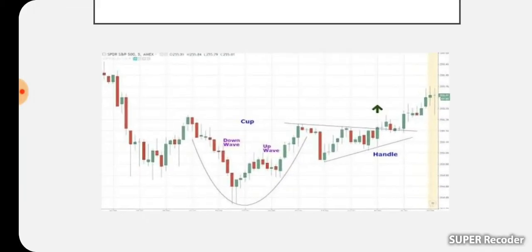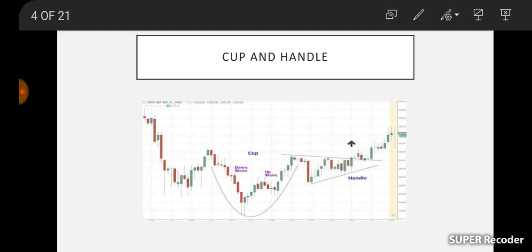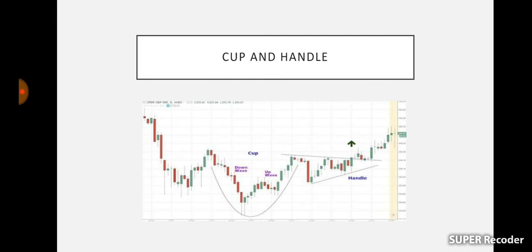It creates a U shape, the cup in our cup and handle. The price then moves sideways or drifts downward within a channel that forms the handle. Then the price starts rising.